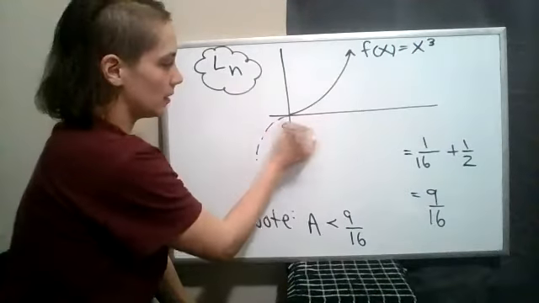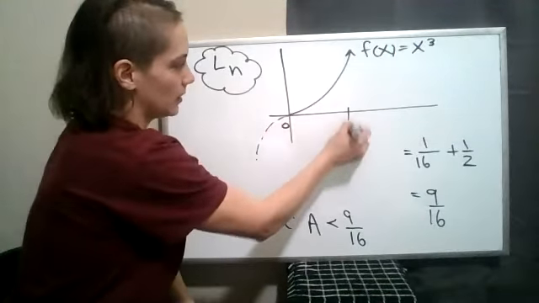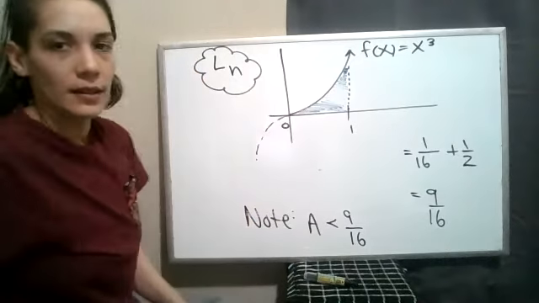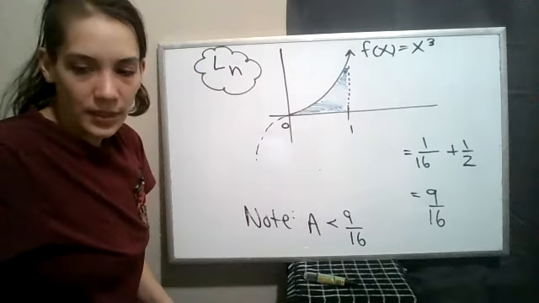We go from 0 to 1. And we're trying to find the area under the curve. So just, by the way, what we're looking for is this piece right here, that area. We're going to approximate it with some rectangles.